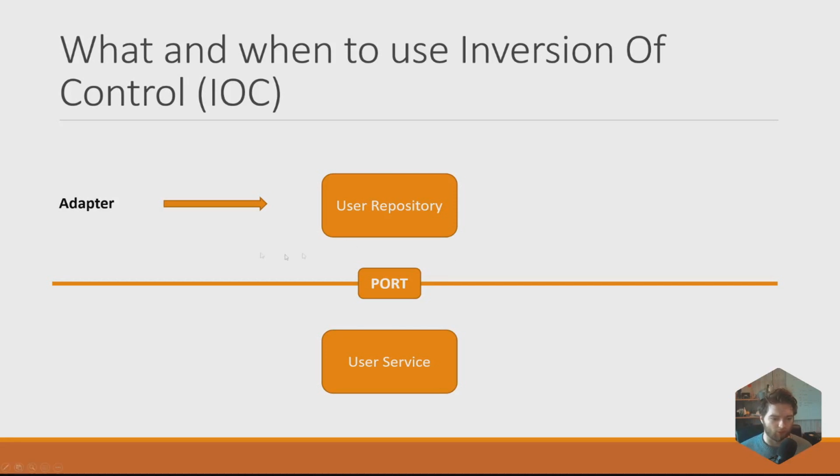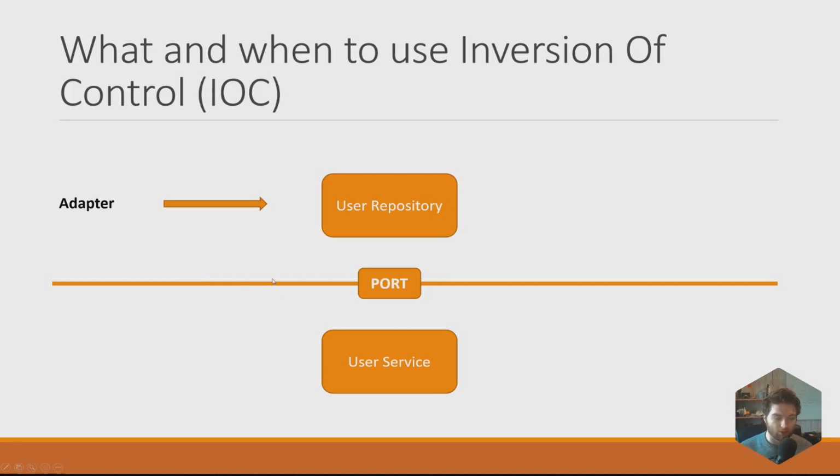To explain this better, let's have a look at this example. Let's imagine that this line is a boundary. So everything across this line, let's say this user service, does not know about this user repository because it's out of the boundary. To tell the outside world, behind this boundary or line, that we expect a user repository, we need to create a port.